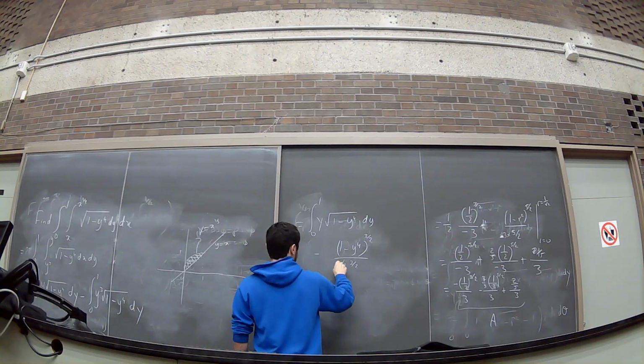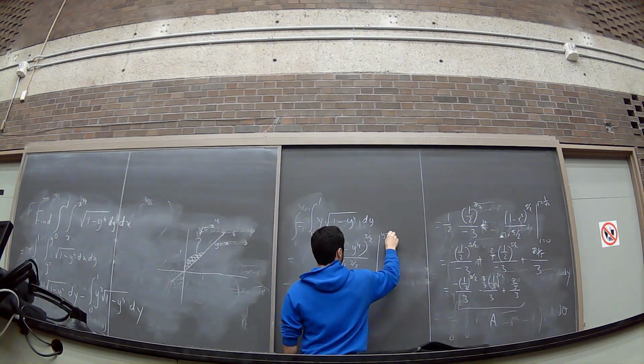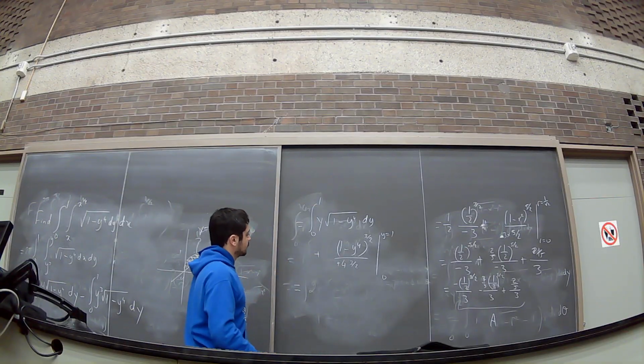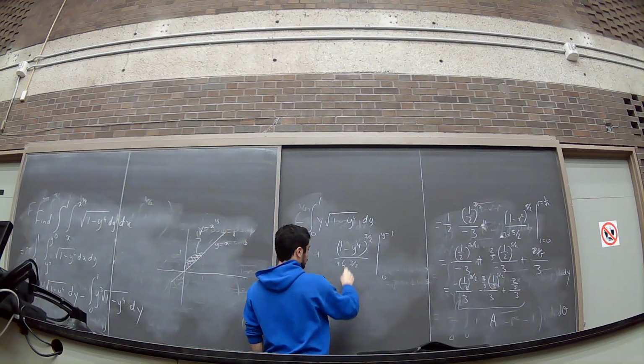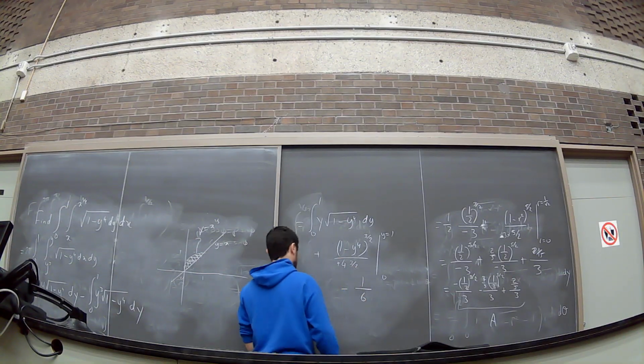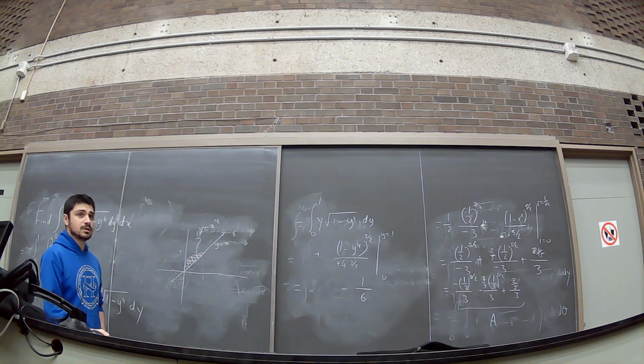So what do I have? A plus from y is equal to 1 to y is equal to 0. Let's see what I get. So minus, y is equal to 1, this becomes 0, and then I get minus 1 over 4 times 3 over 2, this is minus 1 over 6. Is that good so far? Are we good? Yeah?